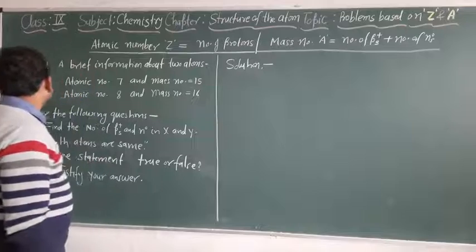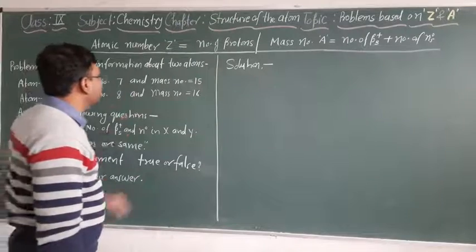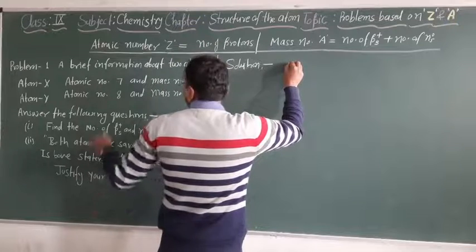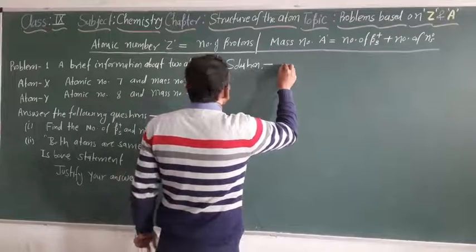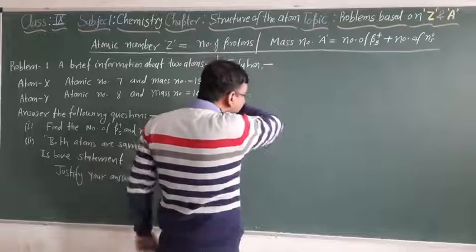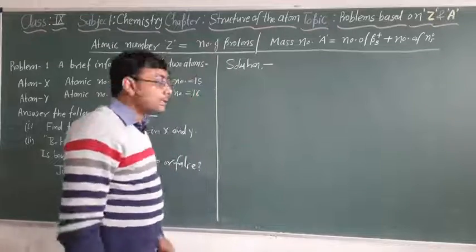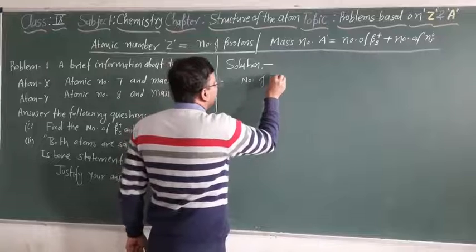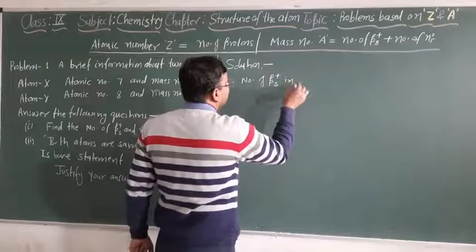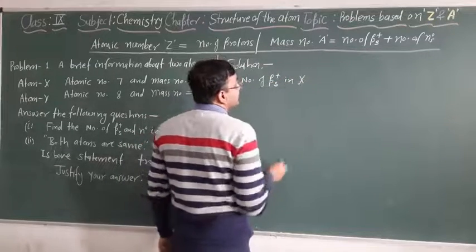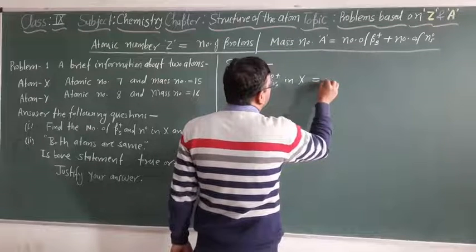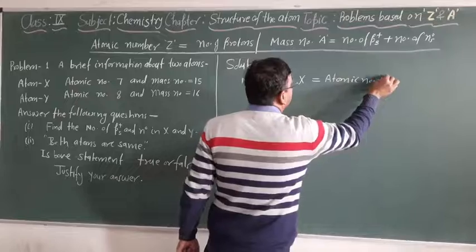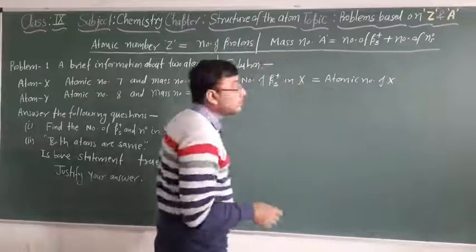Solution. Given: atom X, atomic number 7 and mass number 15. So number of protons in X is equal to atomic number of X. Clear?